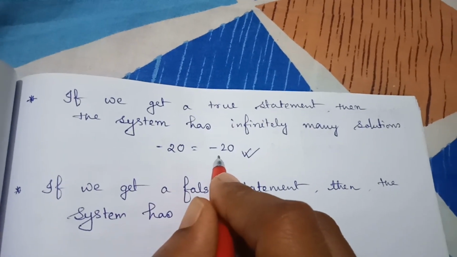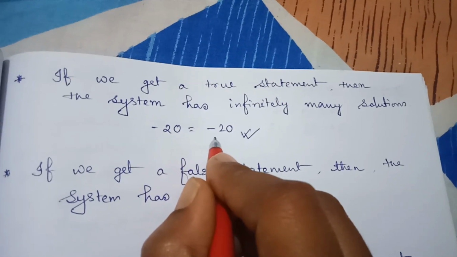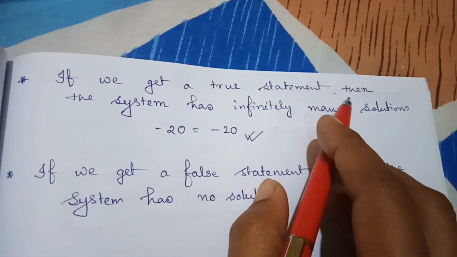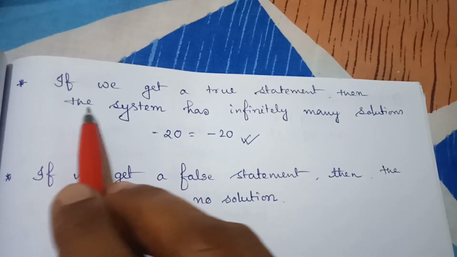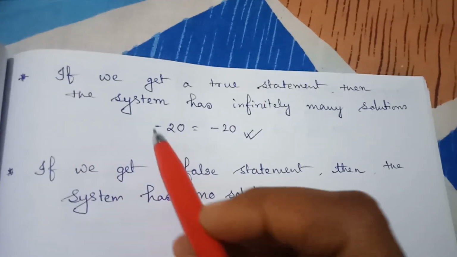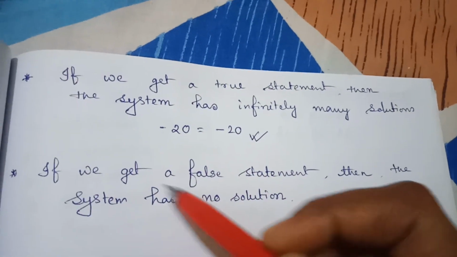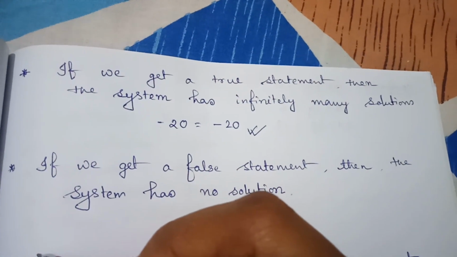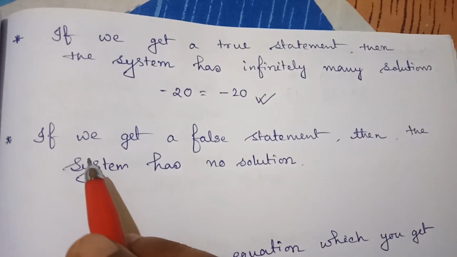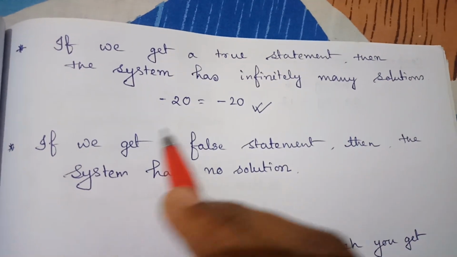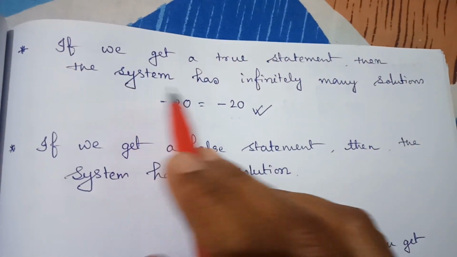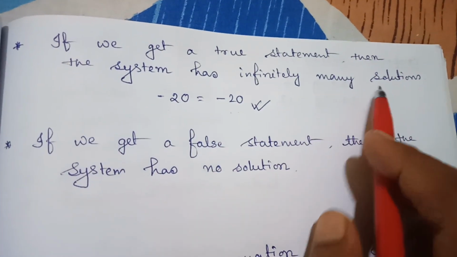So if we get a true statement in step 2 and all the variables are cancelled, then the answer we write is that the system has infinitely many solutions. We have already discussed these two things in the previous video of the substitution method, but I am telling it once more so that if you are a new viewer you can understand it. So we have to get a true statement to write the answer as infinitely many solutions.